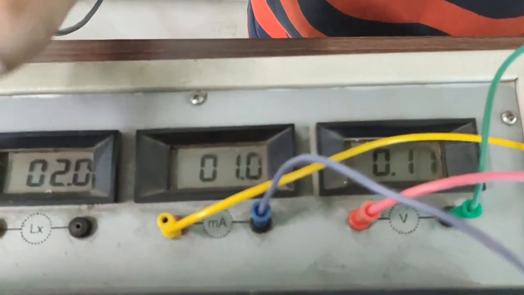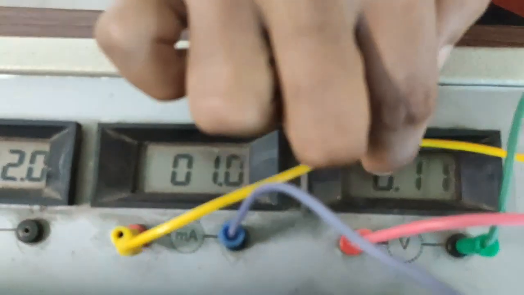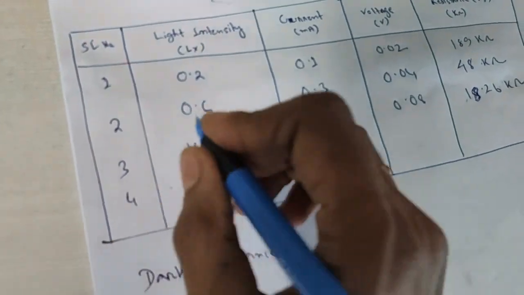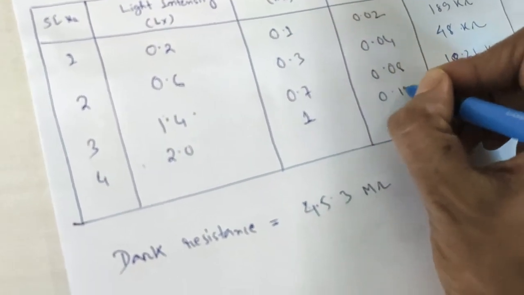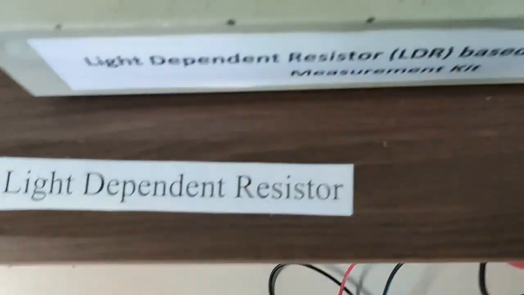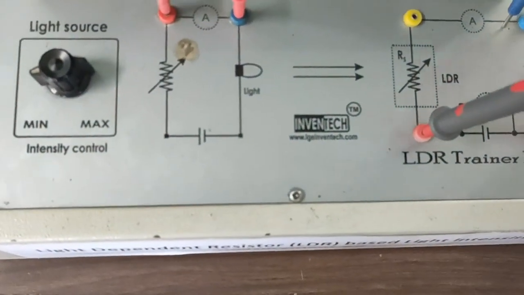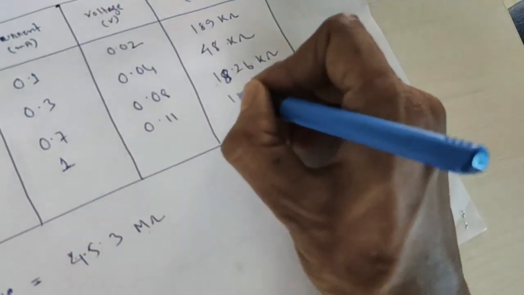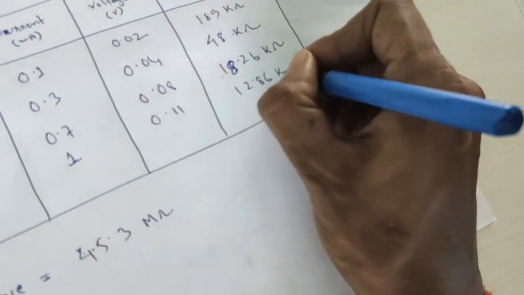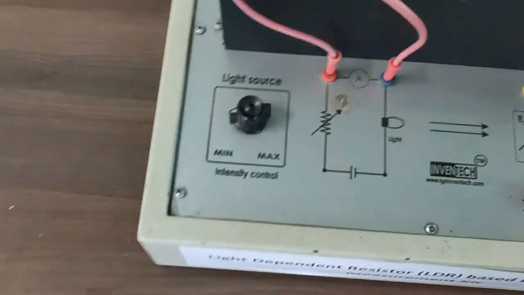For 2 lumen it is showing 1 milliampere, right? 1.0, and the voltage is 0.11, right? And the resistance of this LDR is 12.86 kilo ohm. So likewise I'll show one more reading. 5 readings I am showing.